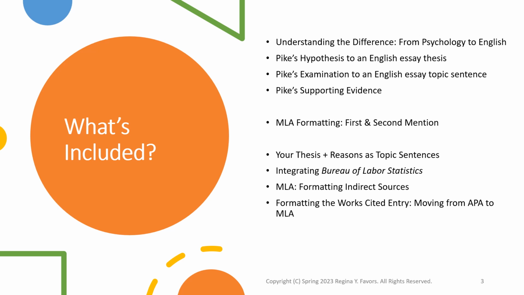And then MLA formatting first and second mention, your thesis plus reasons as topic sentences, integrating Bureau of Labor Statistics, MLA formatting specifically for indirect sources, and then formatting the works cited entry, moving from APA to MLA.